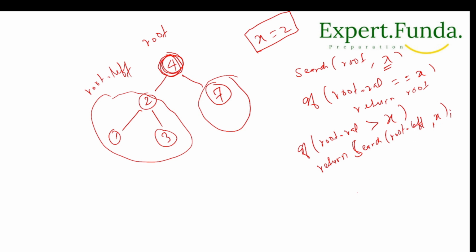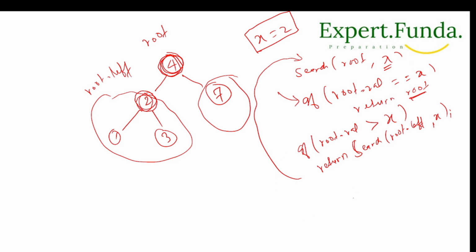Now think, if this value is going to match, because the recursive call will call the same function again. When the control reaches here, you will get the root, which means you will get the 2. So you return root dot left as the root, because it is returning root, and you get the data.